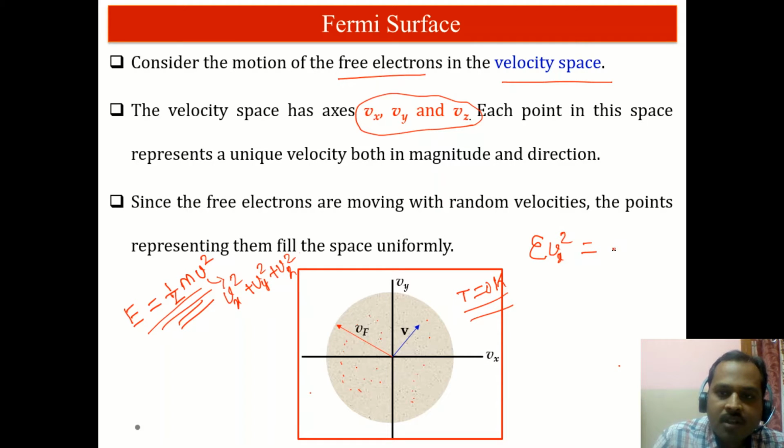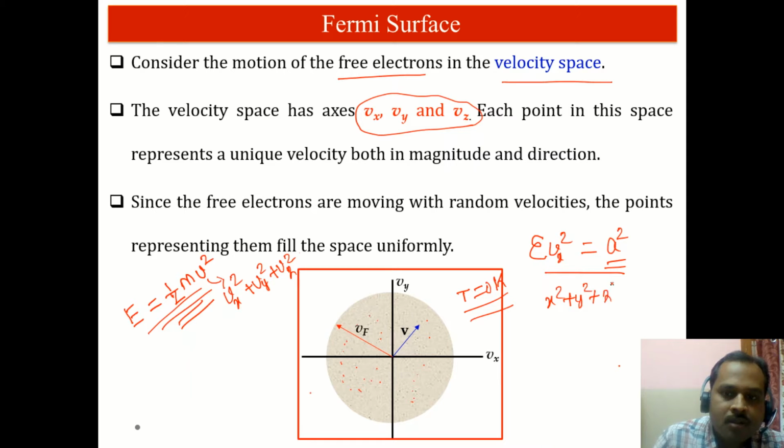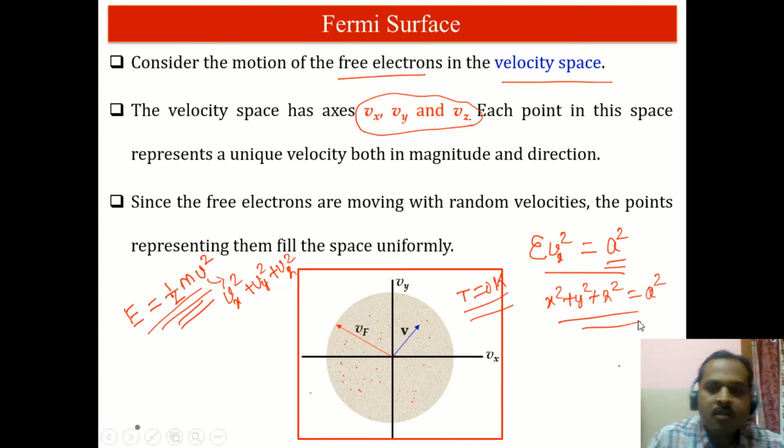Let us call it a squared. For a particular energy this is a constant, and this corresponds to the equation of a sphere, x squared plus y squared plus z squared equals a squared.